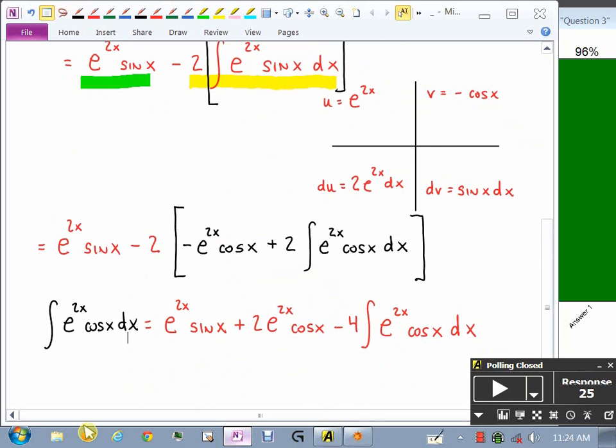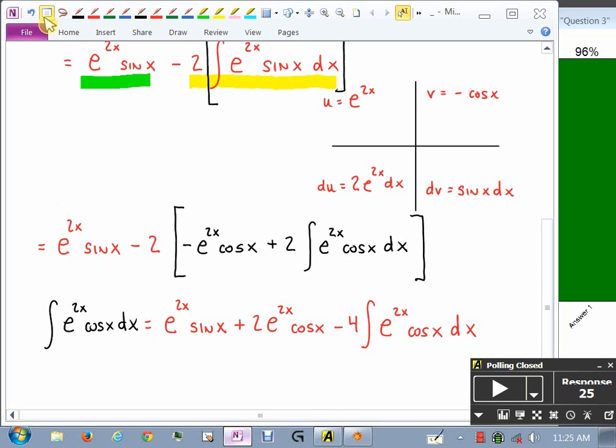That's what we're saying, that this integral is whatever this is, minus 4 times, hey, look, that's the integral again, isn't it? That's exactly what's on this side. So what we're trying to figure out appears on the other side. And because this is equality, we can move things around. We can add, subtract things from both sides.